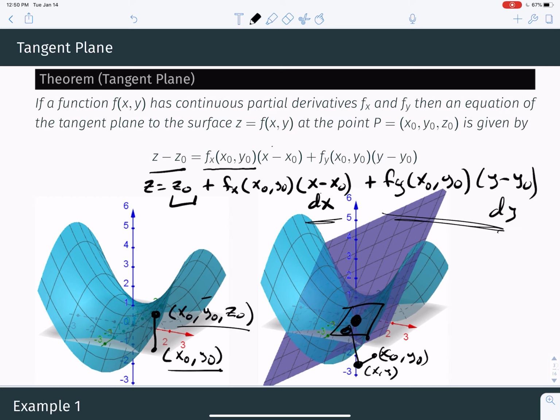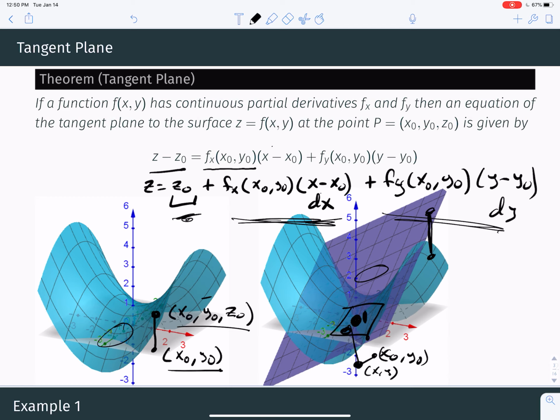And if you change the x a little bit, that's going to change the z coordinate. And then you just say where you were and you add those three together, and that's where your new z is. But this z won't be on the surface, it will be on the tangent plane. So the tangent plane is approximating the surface, and as you can see in this graph, sometimes the tangent plane is far away from the surface, but close by to where you started, they're close by.